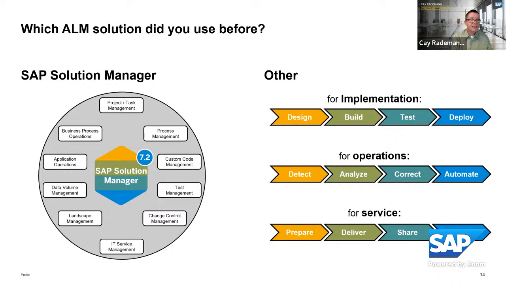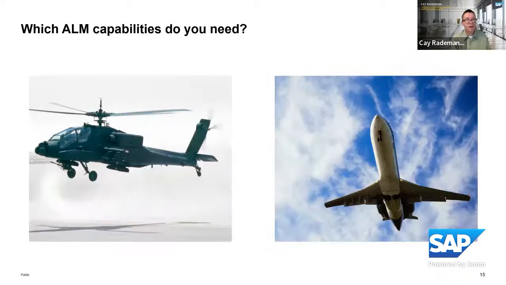So comparing these tools is like comparing a helicopter and a jet. With both tools you can fly, but you fly differently. The helicopter is quite flexible, does not need any big infrastructure to start and land.